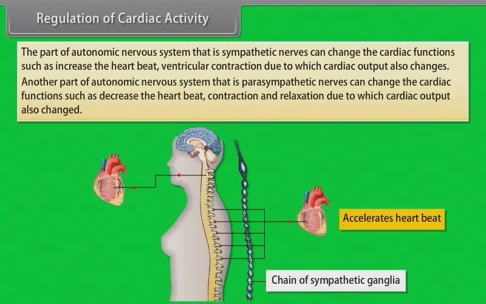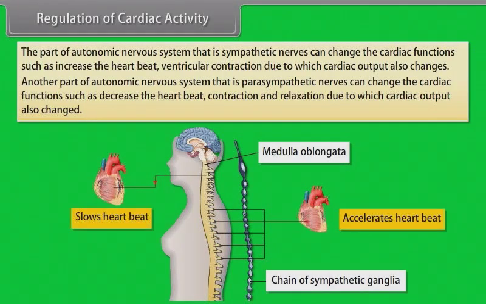Another part of the autonomic nervous system, the parasympathetic nerves, can change cardiac functions, such as decreasing the heartbeat, contraction and relaxation, due to which cardiac output also changes.